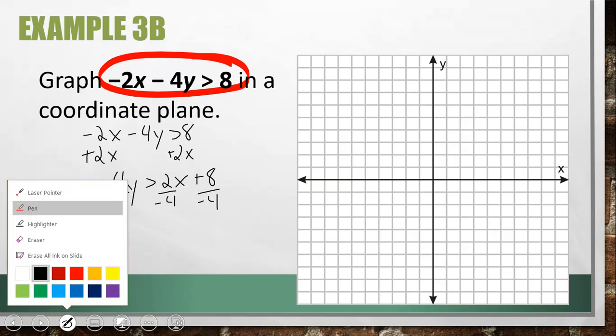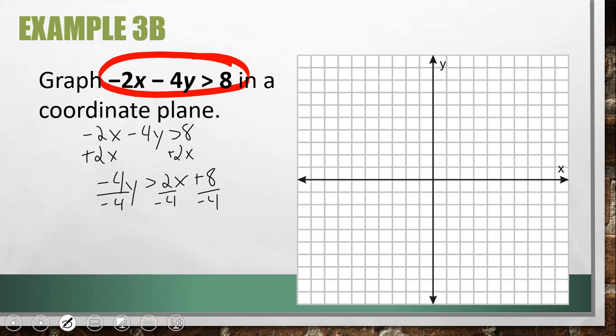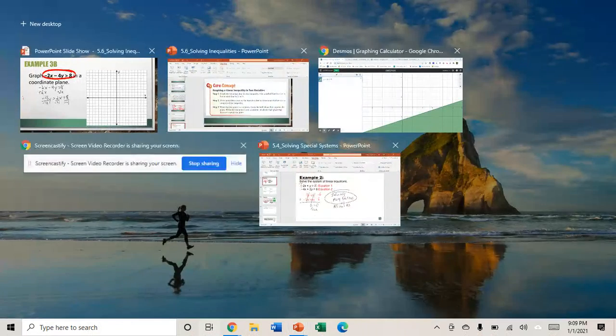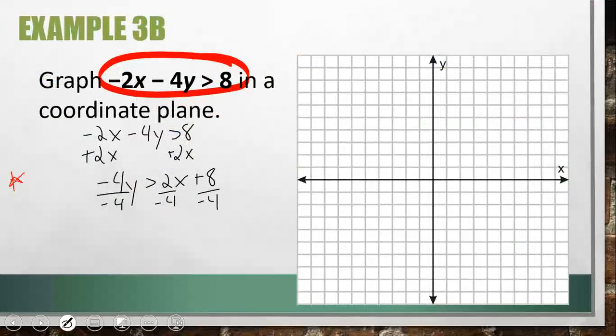Uh-oh. Alarm bells should be ringing here. We're dividing by a negative in an inequality. Remember, your inequality rules still hold.